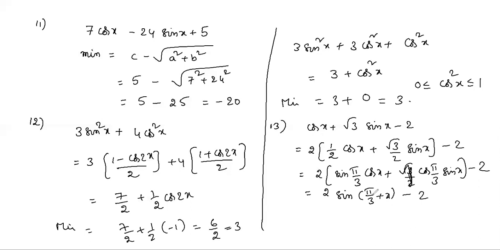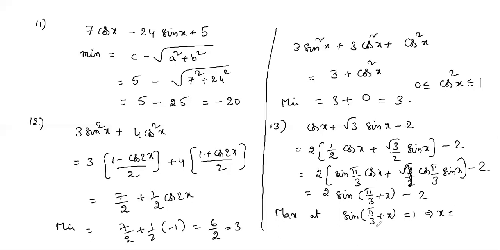Now we have to find the maximum. Maximum means the sin value is maximum. Maximum at sin of pi by 3 plus x equals 1. So maximum at means 90.